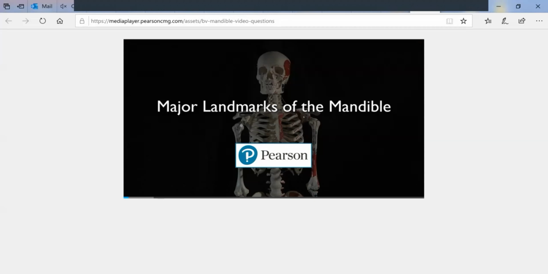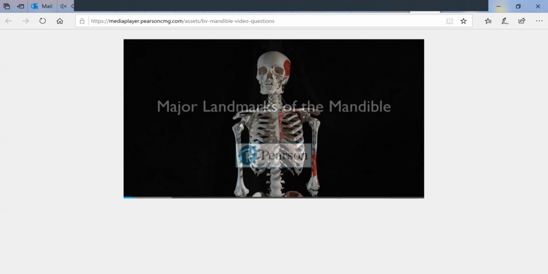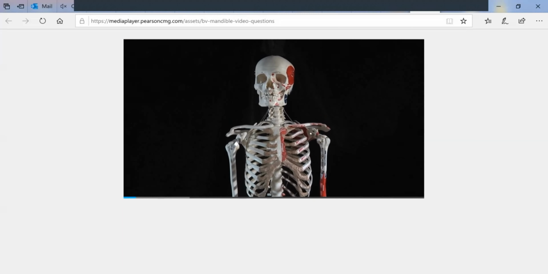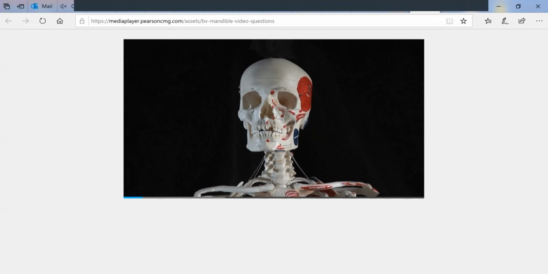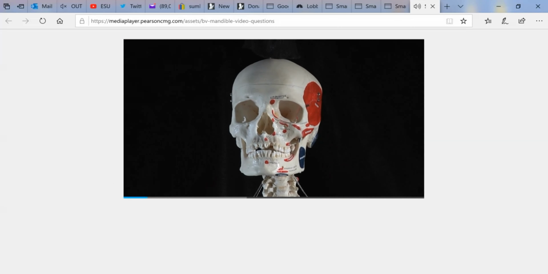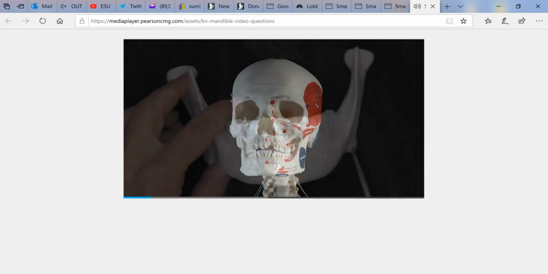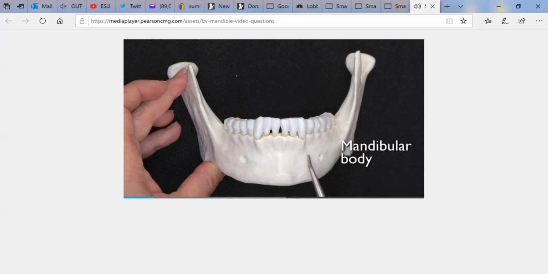Major landmarks of the mandible. Let's examine the mandible. The mandible is a single bone that forms the lower jaw. It articulates with the rest of the skull at the temporal bone. The mandibular body runs in a horizontal plane.